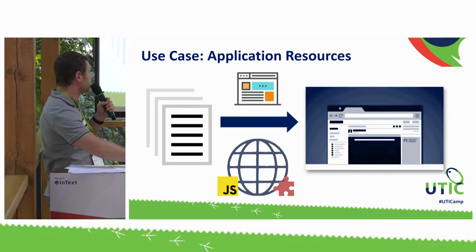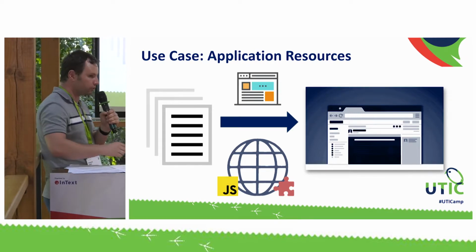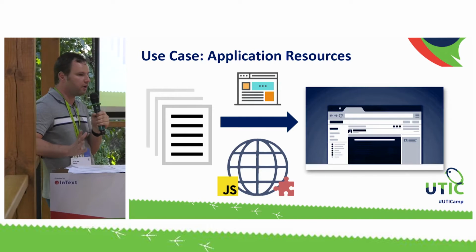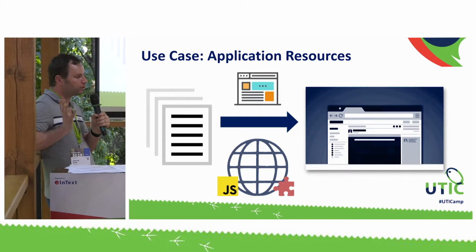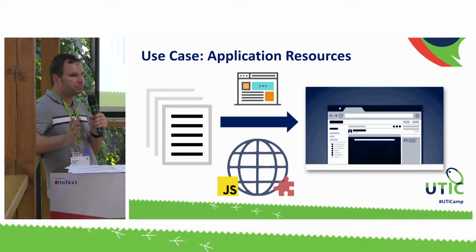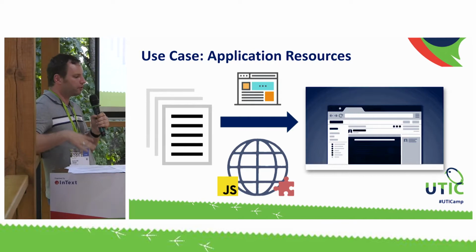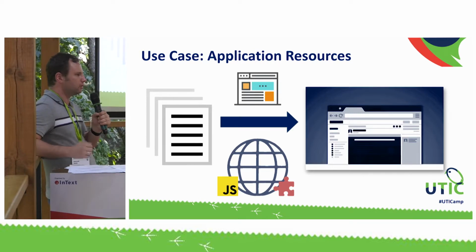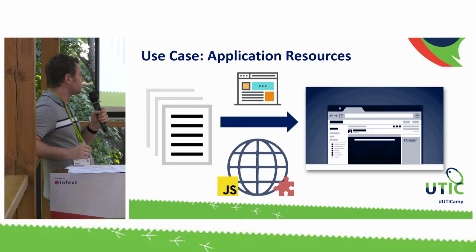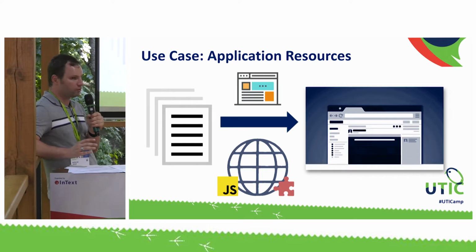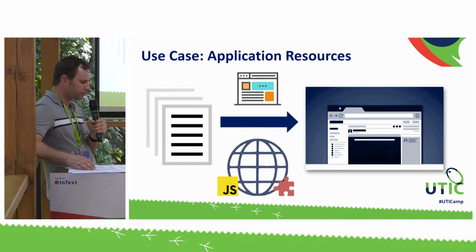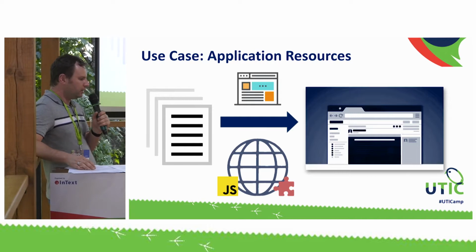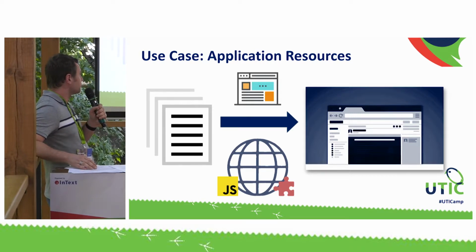The next use case is application resources. As I mentioned, application resources are technical file formats that are uploaded by application developers or customers who have already started externalizing and localizing the content of, for example, a web application. And this content has existed without context for a long time, actually. Here we have a number of options.